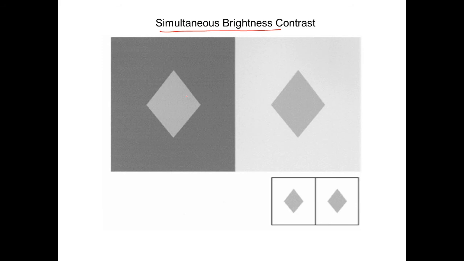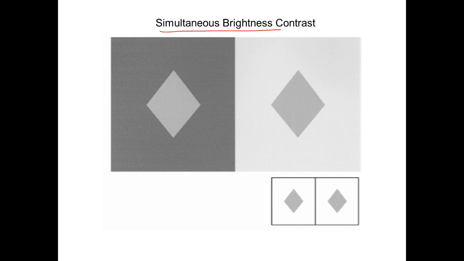If you look at this graph, the center light patch looks different depending upon the surrounding. In the left image, because the surrounding is darker, the center patch looks brighter, and in the right side, the same center patch looks darker because the surrounding patch is lighter.